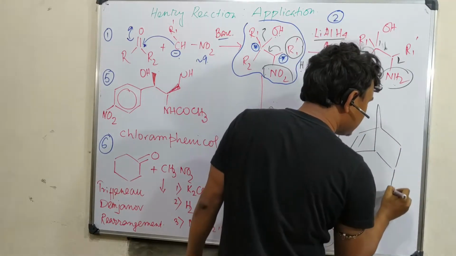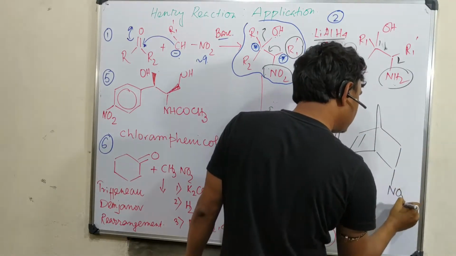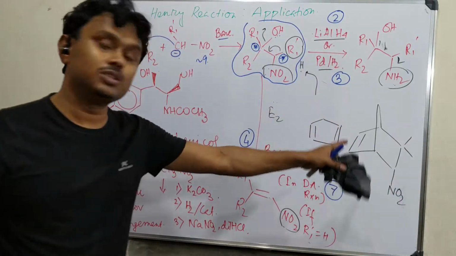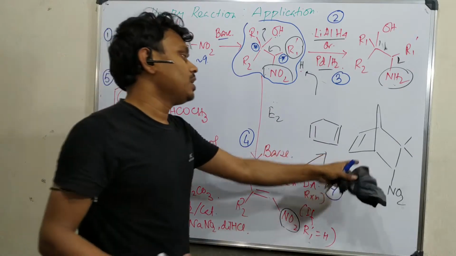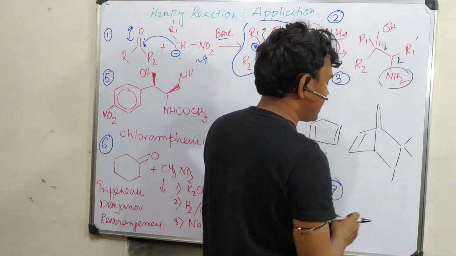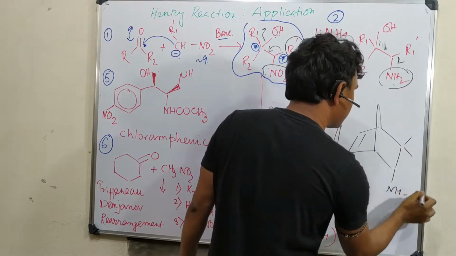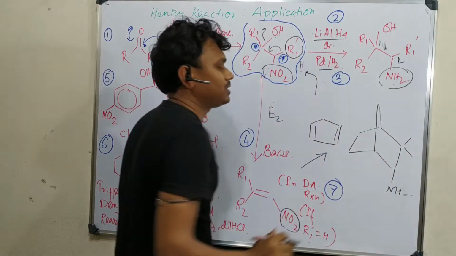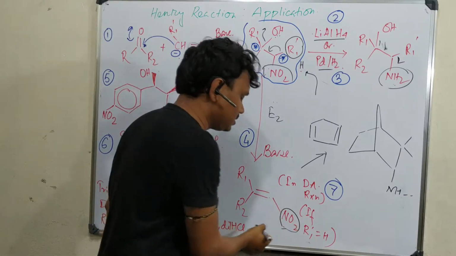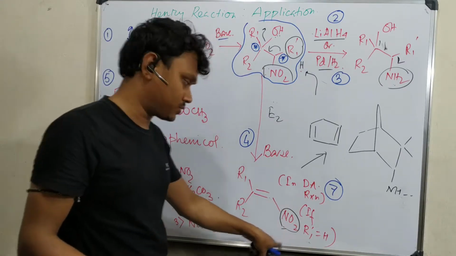Okay, so this is, for example, NO2, and that is R1, R2, you can think like that. And actually this methodology could be used to prepare industrially value-added material, like one stimulant where this NH is substituted with something and here this double bond is absent. So this is also possible to prepare using this. So in Diels-Alder it could be used as a substrate.